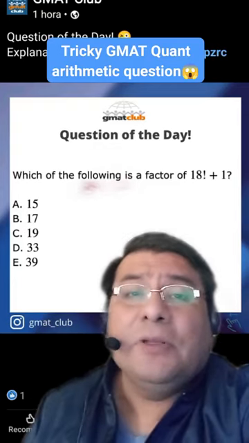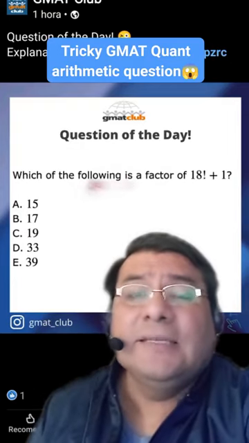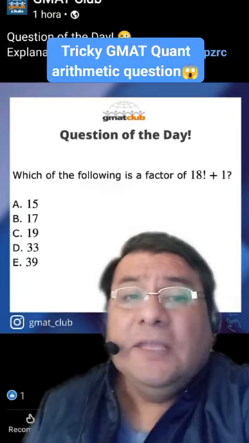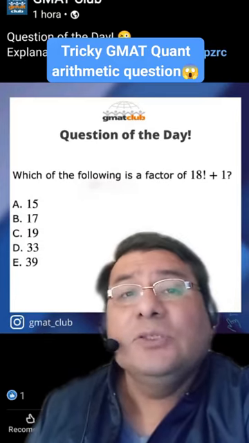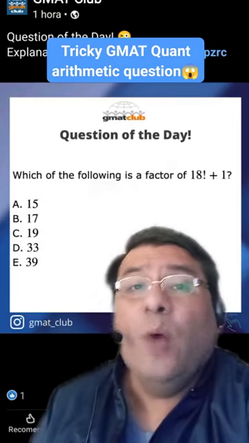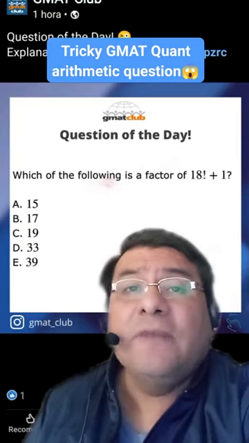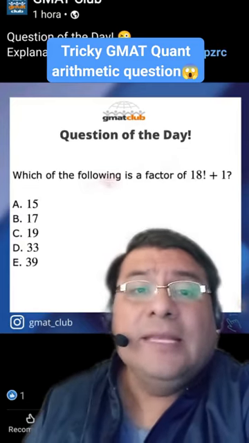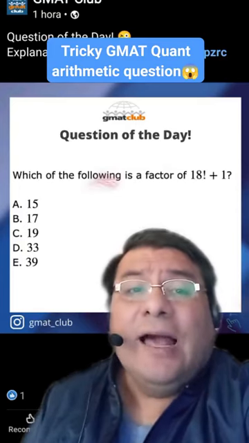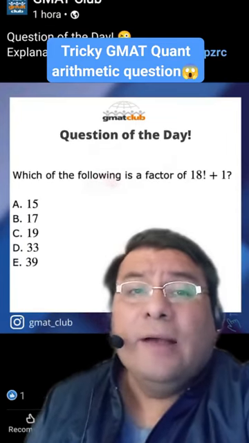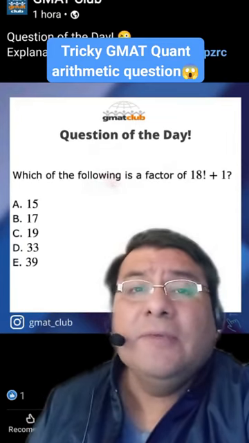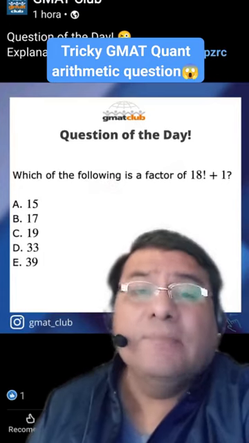And there is a property of integers that says that two consecutive integers, that is, two integers whose difference is 1, cannot share any common integer factors but 1. That is, 18 factorial and 18 factorial plus 1 cannot have any common divisors but the number 1.